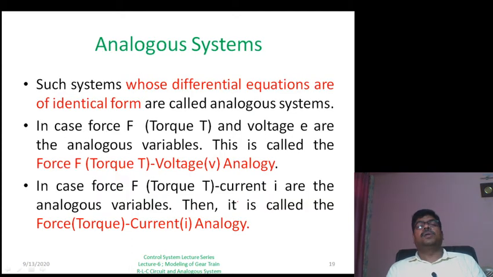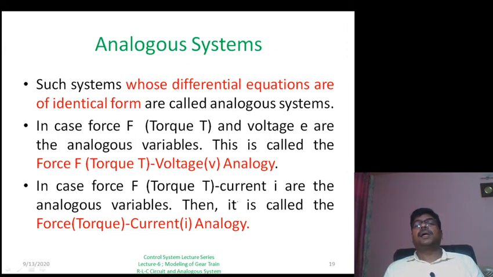Now coming to the analogous system. So what is an analogous system? An analogous system is defined as a system whose differential equations have an identical form. So any system can be said to be an analogous system if their differential equations are of identical form.